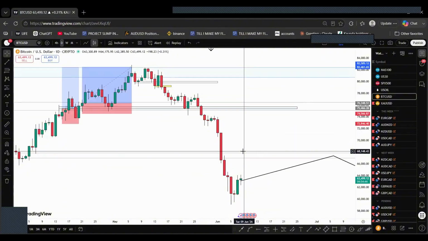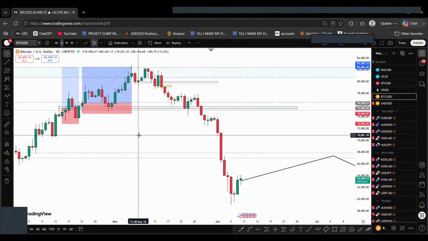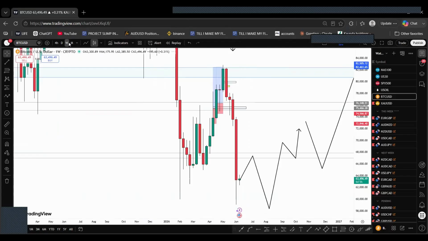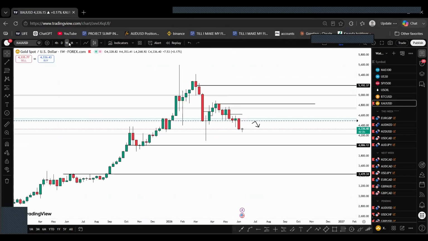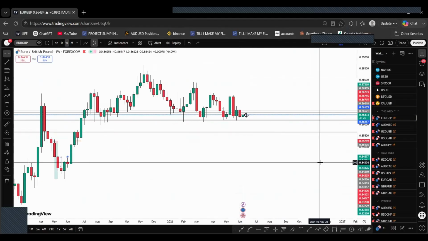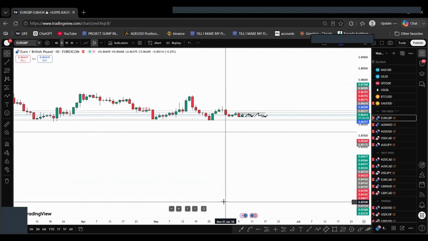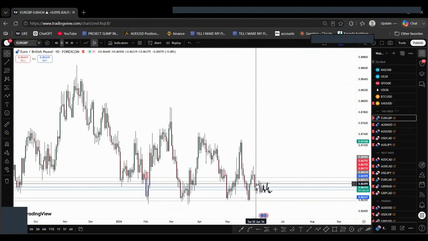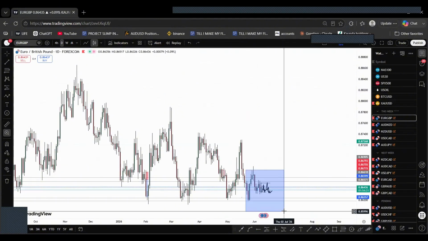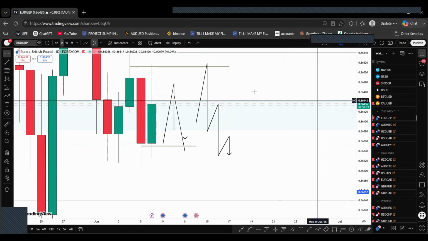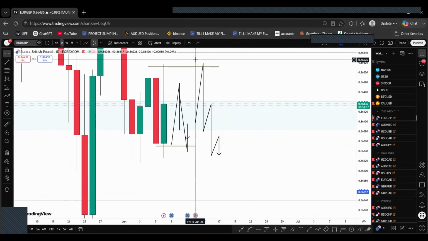And Bitcoin wants the weekly to have the shift. ZAR USD needs price to retest here. EUR GBP, for now you can see that price is having this kind of break, kind of close.